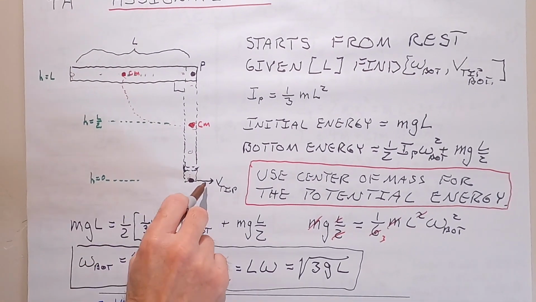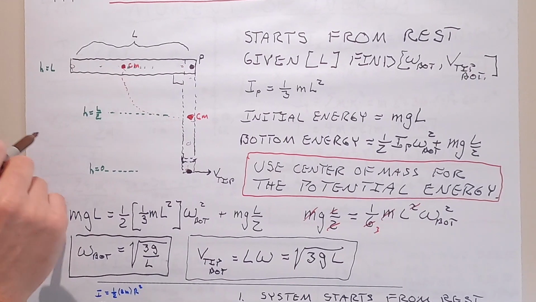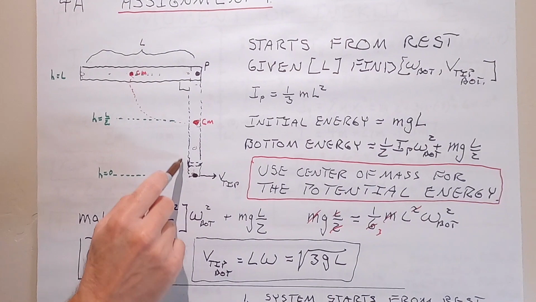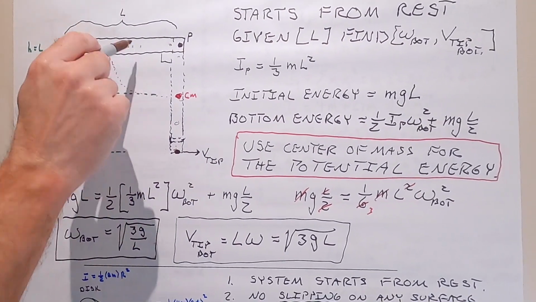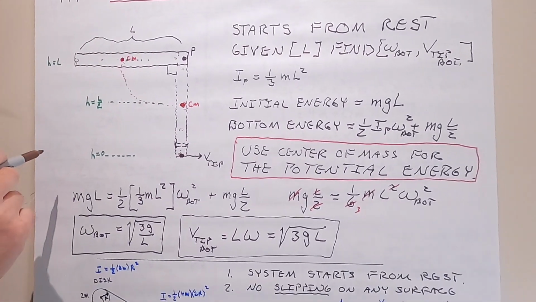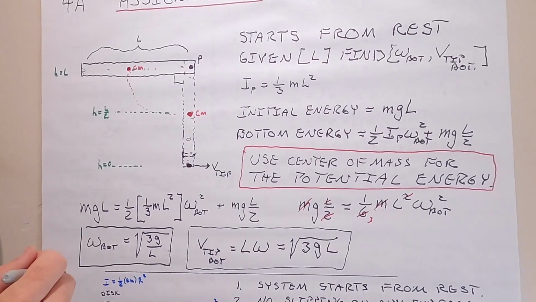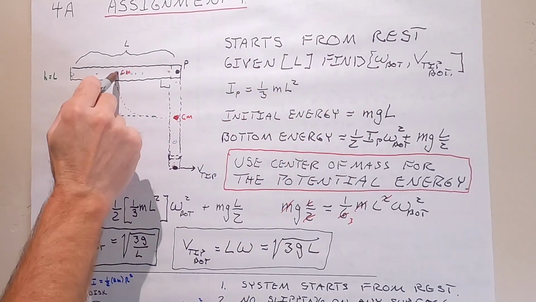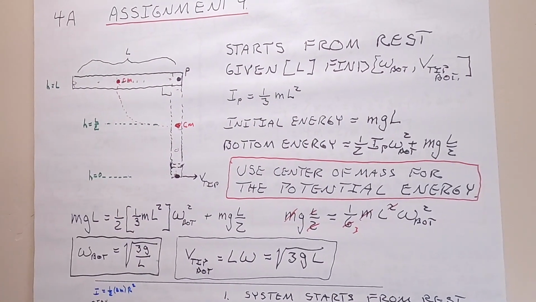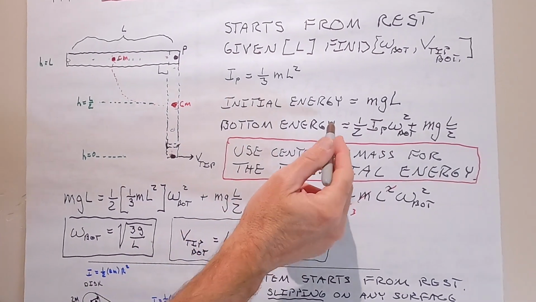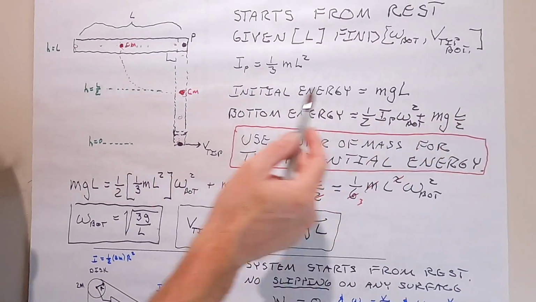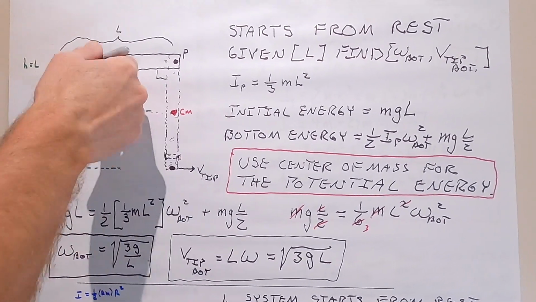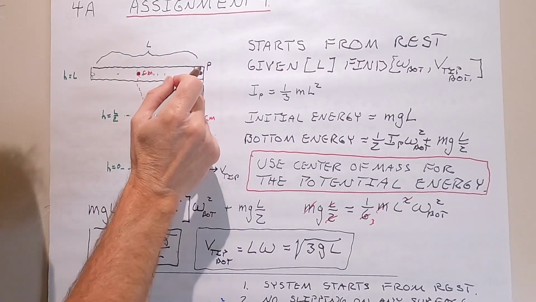Now, if I call this height 0, then the potential energy when we're vertical like this is just mg times L over 2. And when I'm way up at the top, the potential energy would be mg times L. That height is L. So we can say the initial energy, when you're way up there, is just mgl. The final energy is the mgl over 2, the potential energy for the center of mass, plus it's rotating, and it's all rotating about this point.